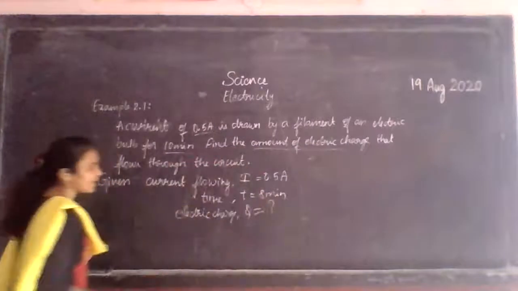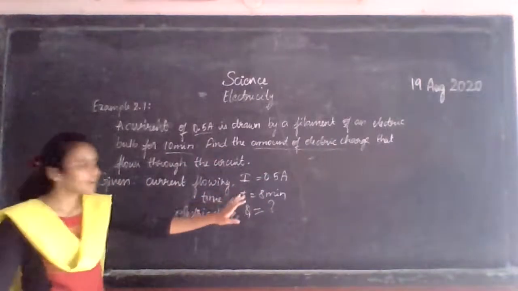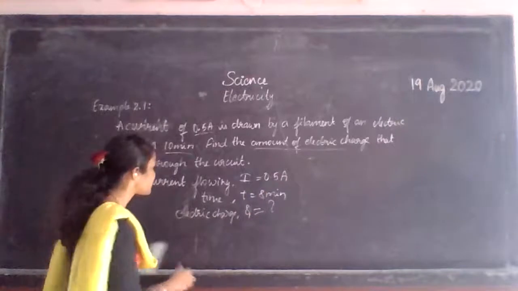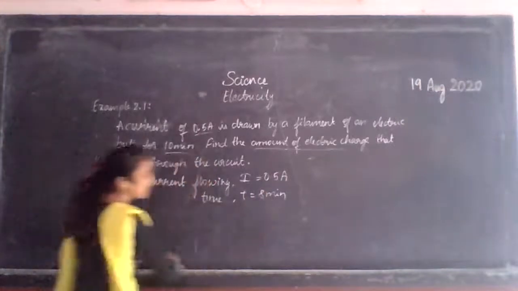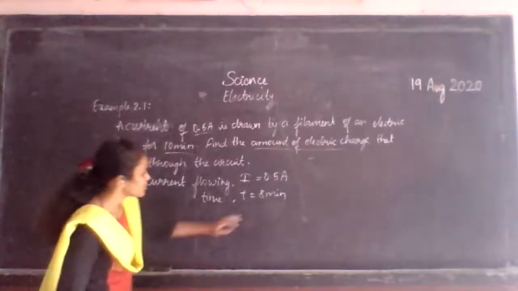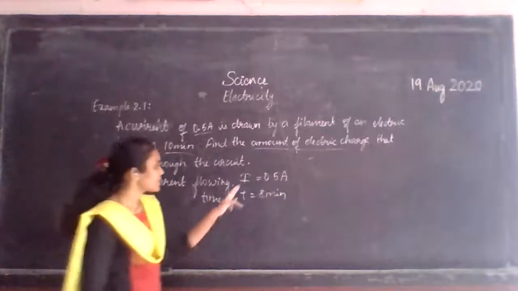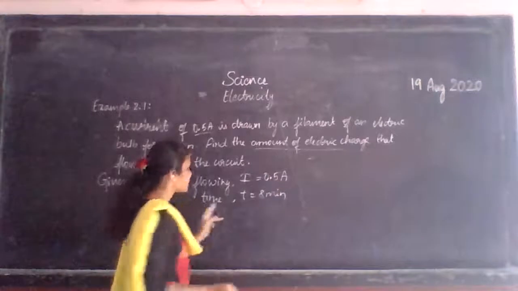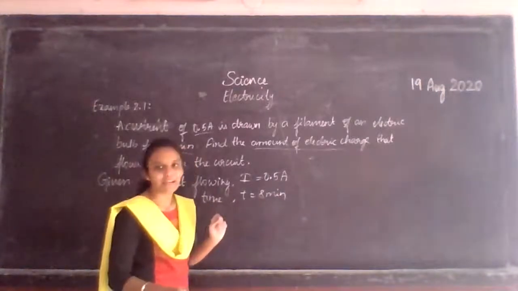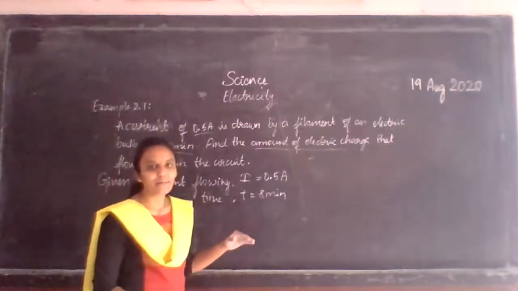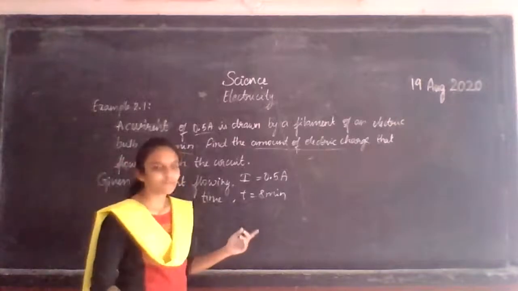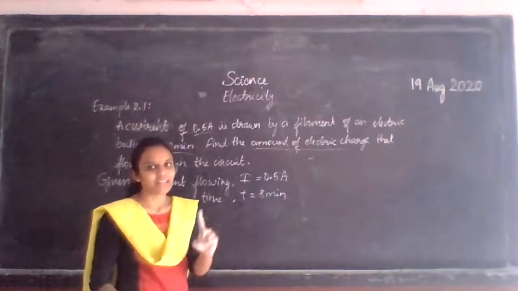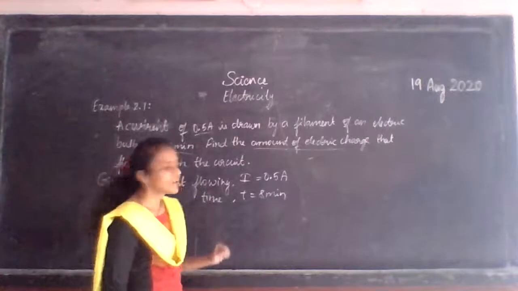Whenever they give any physical quantity, you should first convert those physical quantities into their SI units. The SI unit of current is ampere, so this is 0.5 ampere. And the time taken t is given in minutes. Minute is not the SI unit of time, so I have to convert minutes into seconds, because seconds is the SI unit of time.